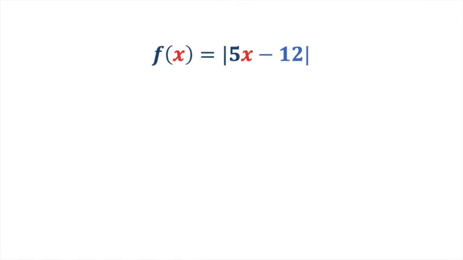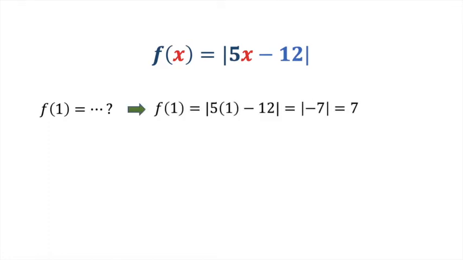Based on this absolute value function, what is the value of f of 1? Remember once again, 1 here represents the input. So, to find out f of 1, we need to replace the x in the given function by 1.